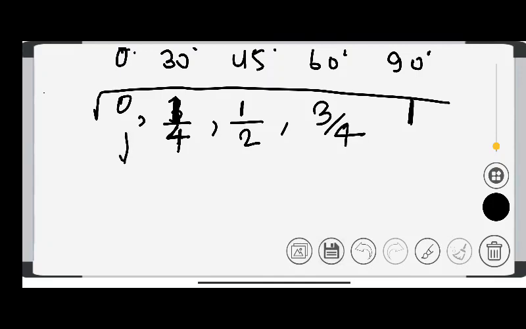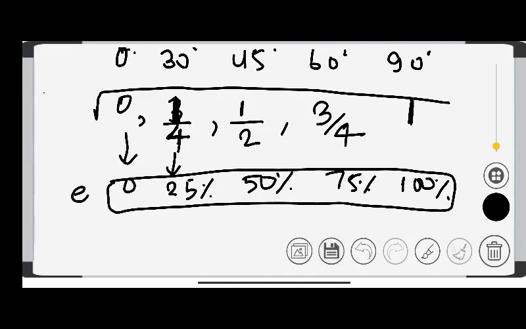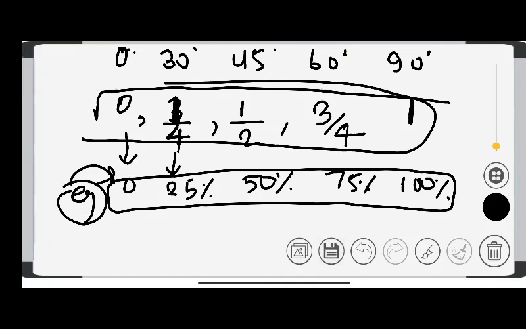It means if you take in percent, 0, 25%, then 50%, then 75%, then 100%. Okay, these are all the values. It is just for example, but you have to remember this.